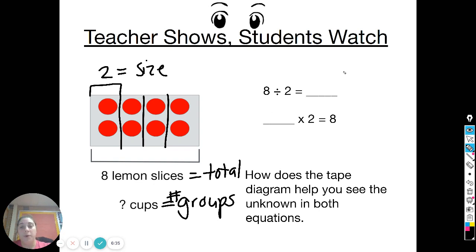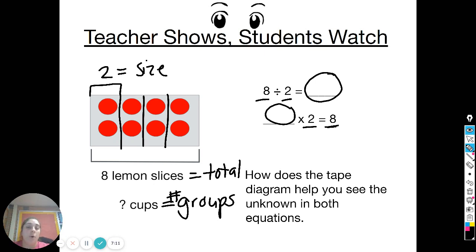So here we have 2 equations. We have a division equation to represent this tape diagram, and we have a multiplication equation. The division one shows 8 total lemon slices divided into groups of 2. And now we need to know how many groups there are. The multiplication equation says how many groups of 2 slices per group ends up equaling those 8 slices.